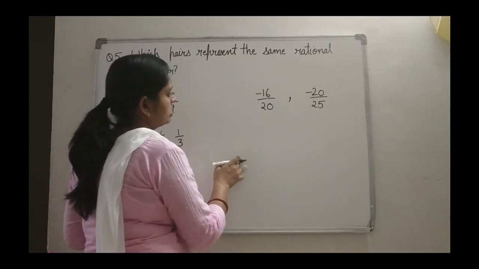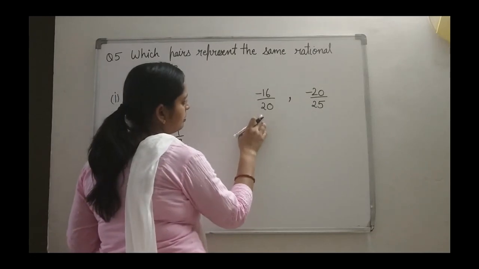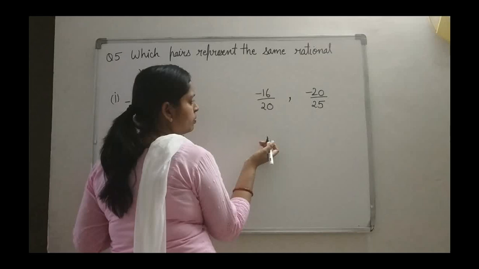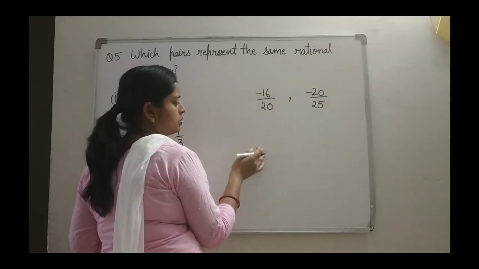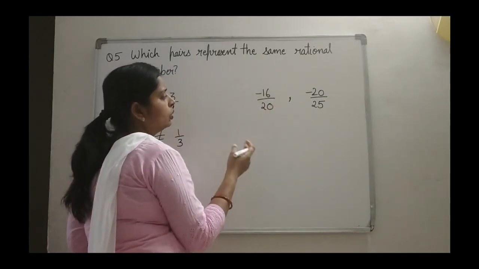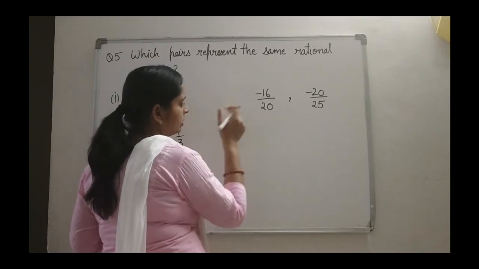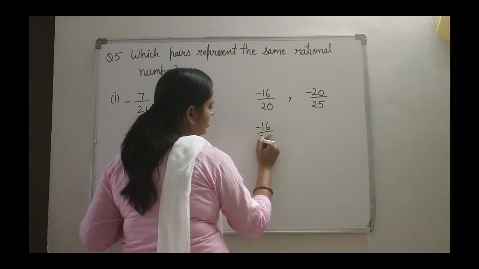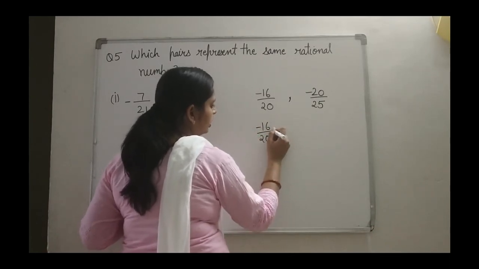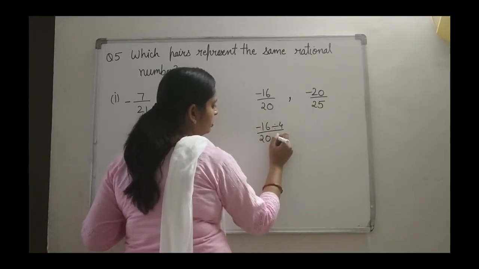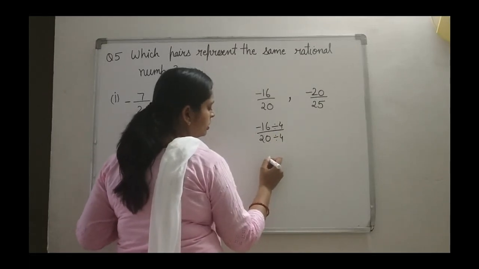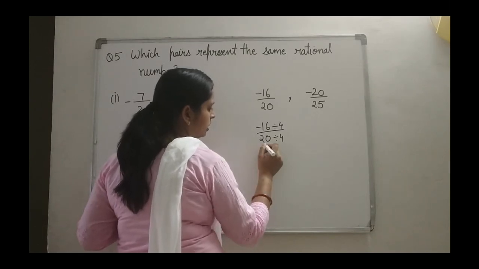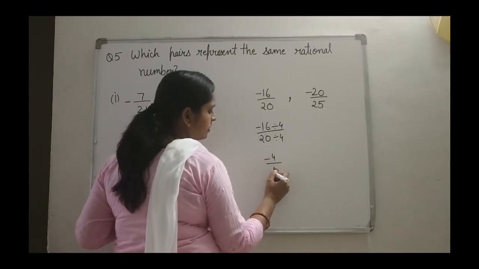Look here, see the second one. We have minus 16 upon 20 and minus 20 upon 25. So two methods I told you: either you can go for the cross multiplication method or you can go for the lowest term method. We can see here that it is easy to go for the lowest term. Minus 16 upon 20, both can be divided by which number? 4. So your answer is how much? Minus 16 divided by 4 will give you minus 4, and 20 divided by 4 will give you 5.